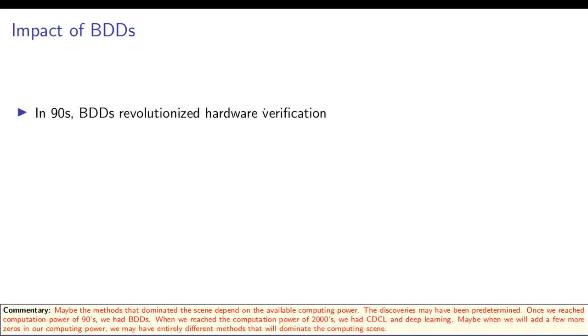So, the impact of BDDs. In the 90s, BDDs revolutionized hardware verification. When it was first proposed, people didn't realize that it could be so useful, but once people started building these tools, it turned out to be a very effective technology.